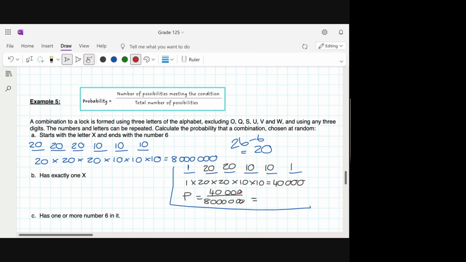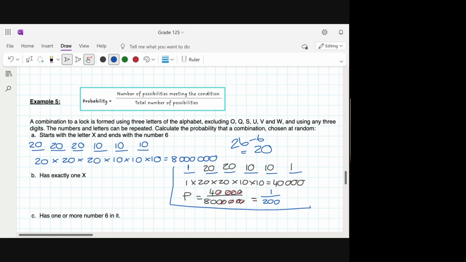So I'm going to have 1 over 200. Happy? So what's the probability? 1 over 200. That's crazy. 0.5% chance.